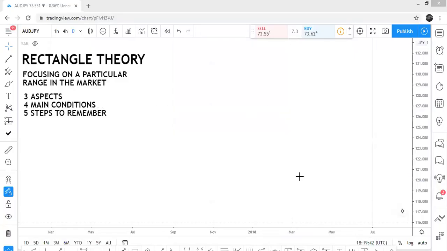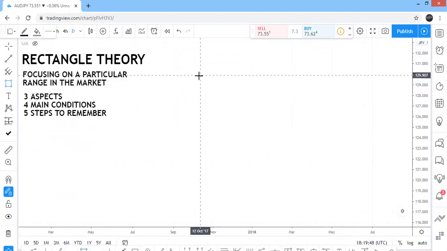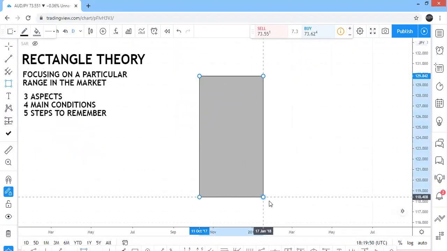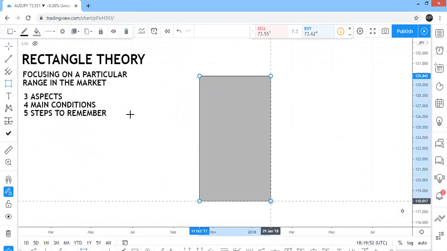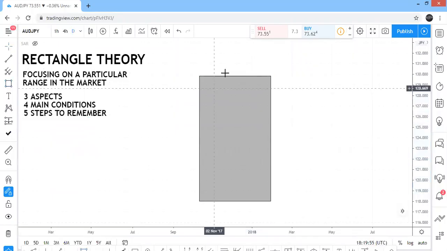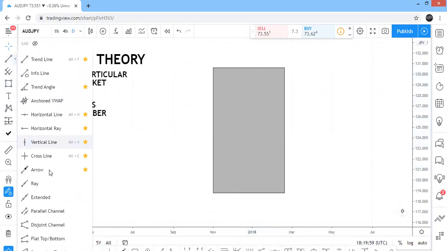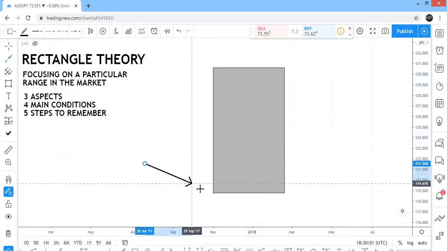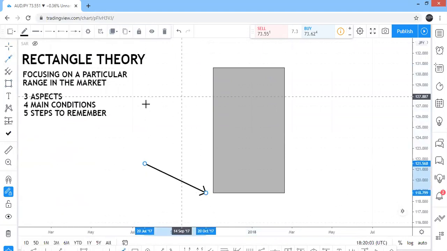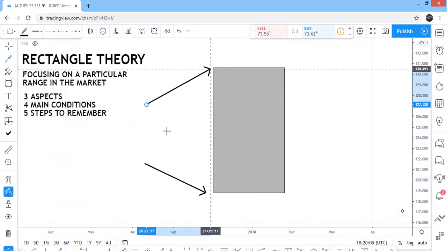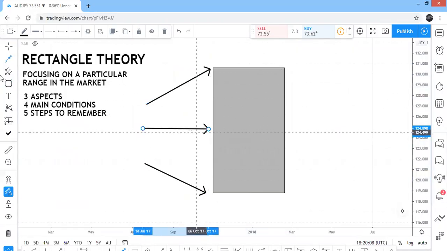All right, so let me find the rectangle. So the rectangle, we're looking at aspect number 1, aspect number 2, aspect number 3, and we're going to break these down.